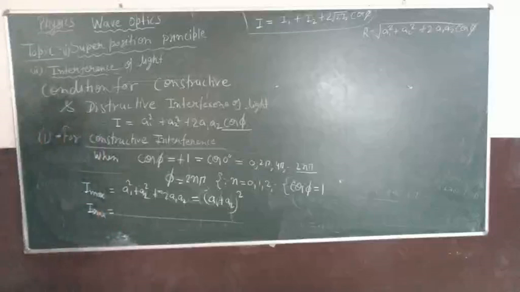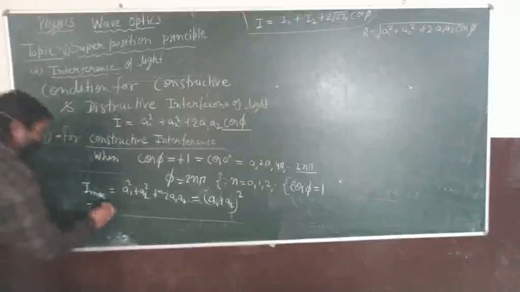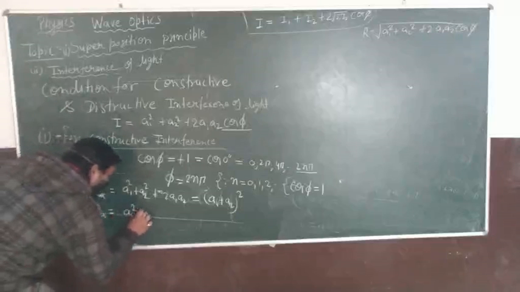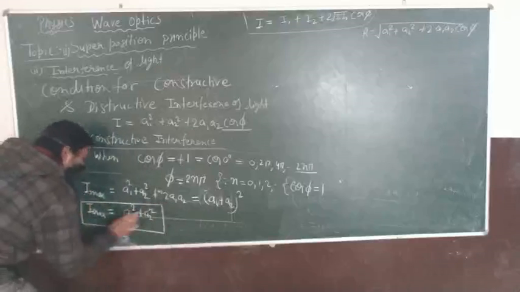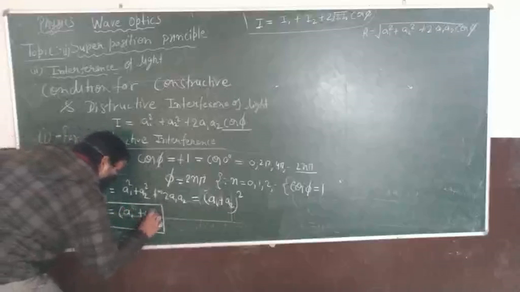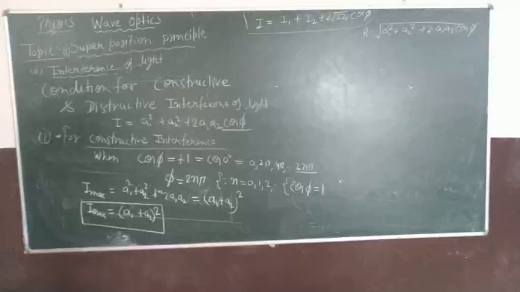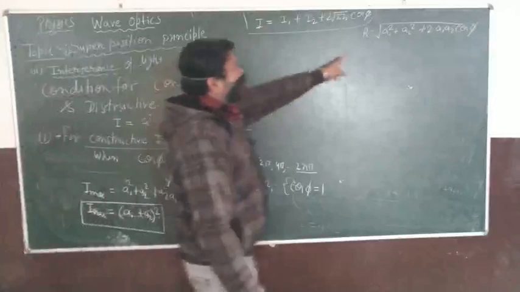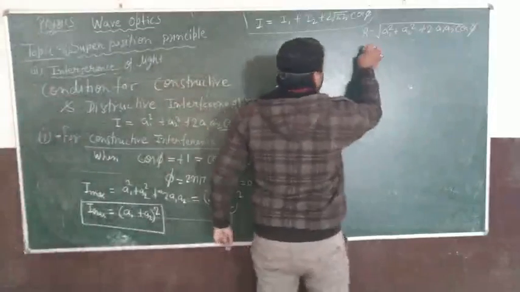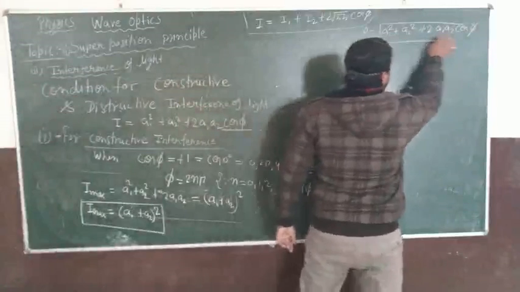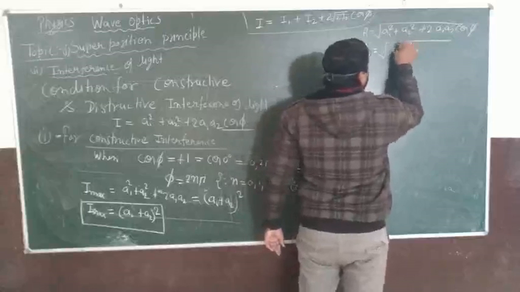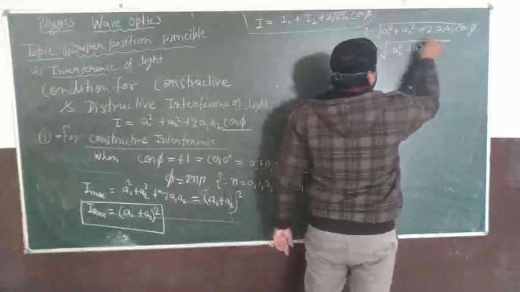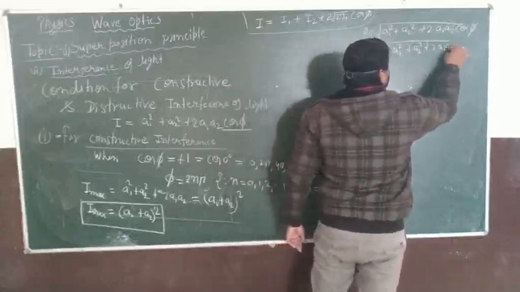Therefore, when the two waves superimpose and form a constructive interference, we get this result, and for this R is equal to under root A1 square plus A2 square plus 2 A1 A2.